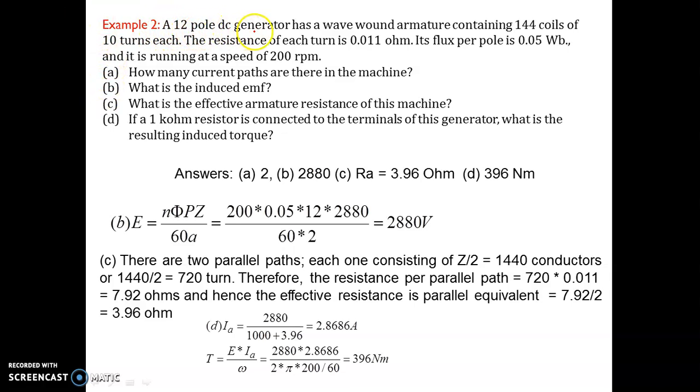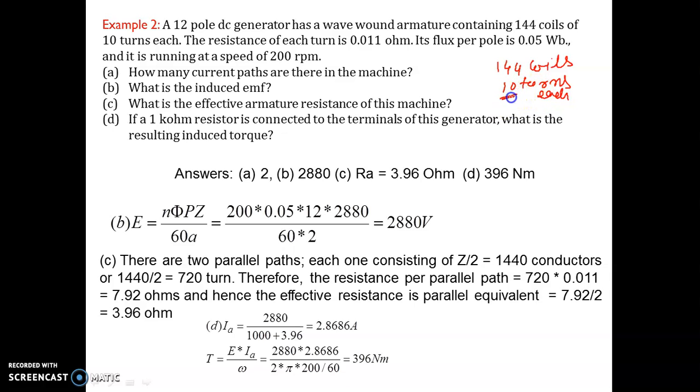A 12 pole DC generator has a wave wound armature containing 144 coils of 10 turns each. So 144 coils and 10 turns each. 10 turns means you have to multiply by 2 to get the conductors, since in one turn there are 2 conductors.